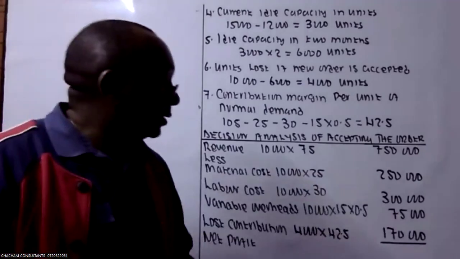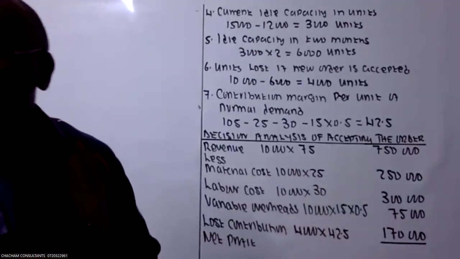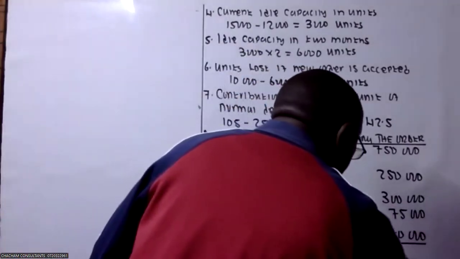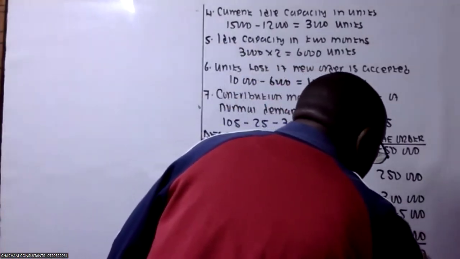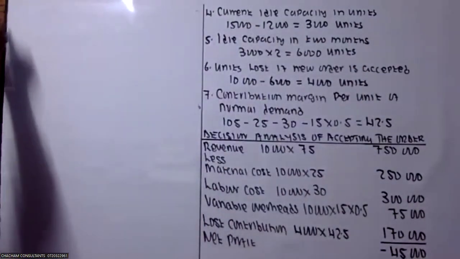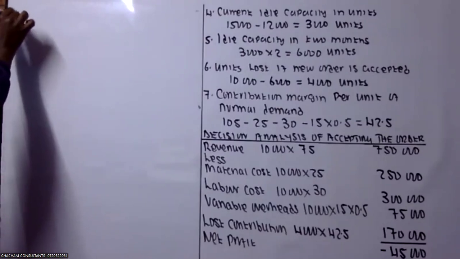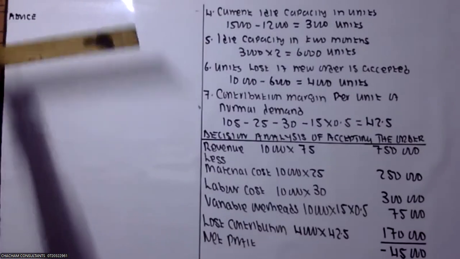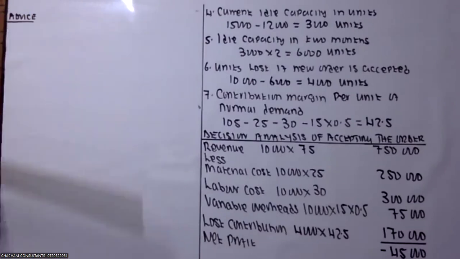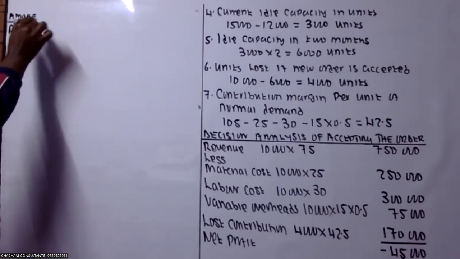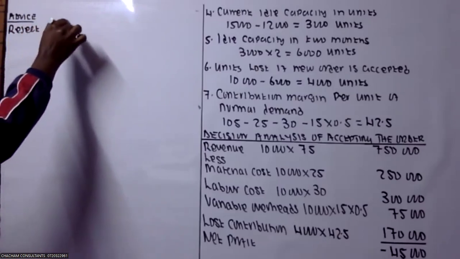When you subtract, it is negative 45,000. So what do you advise? Should we accept or reject? Yeah, we should reject the offer.